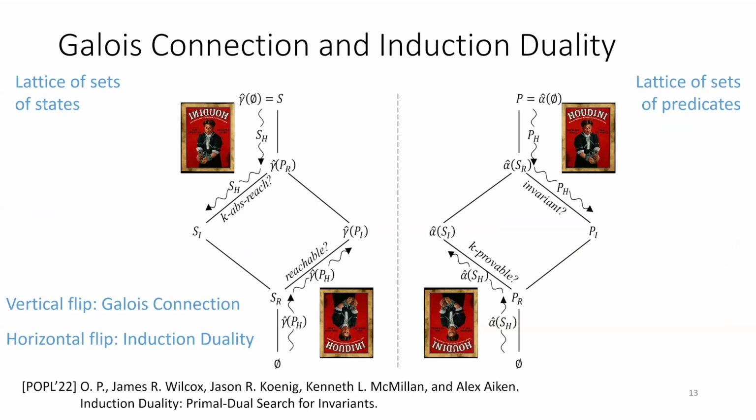Here it's the lattice of sets of predicates, and here sets of states. You can illustrate the operation of Houdini on each of them, or Houdini and dual Houdini. If you take the vertical flip between these two sides, it represents the Galois connection. And if you take the horizontal flip, it represents induction duality. So this is all basically just trying to tease you to read the paper.